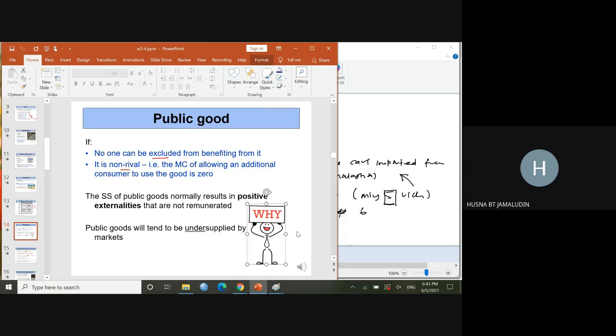You know that when you have a public good, everyone will be happy because public good normally results in positive externality, meaning that everyone will get the benefits of public good. People are happy to get this public good. So why will the public good be undersupplied by the market if the benefits are larger?